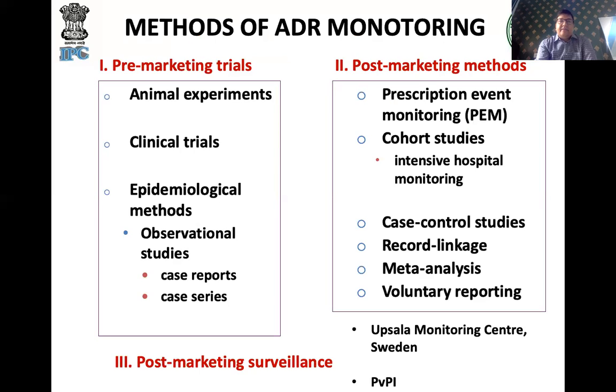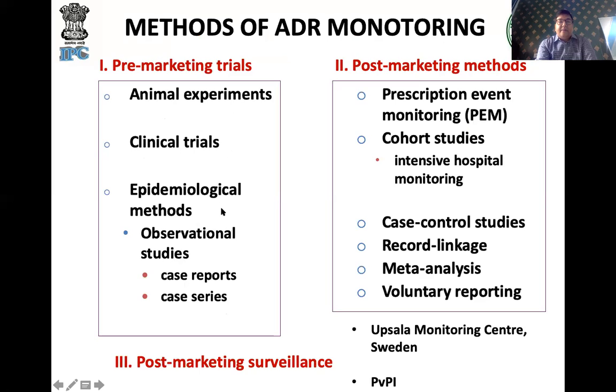So, what are the different methods of ADR monitoring? In the pre-marketing trials, the common ADRs are reported, or the data is collected, by animal experimentation, then the clinical trials, then the epidemiological studies, which include observational studies like case reports and case series.